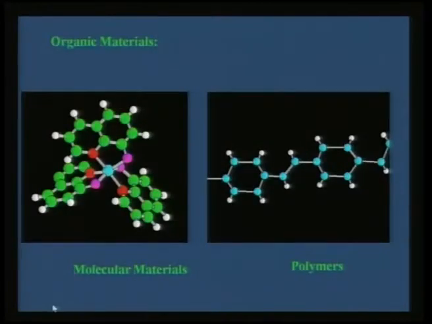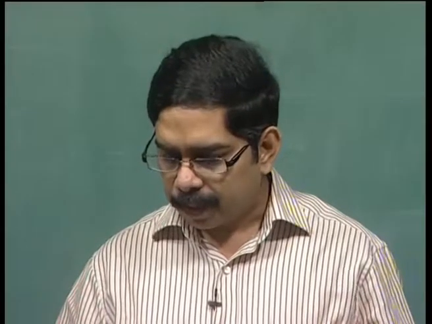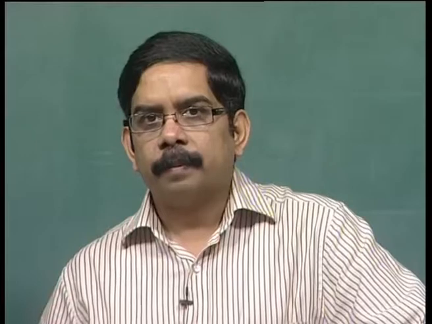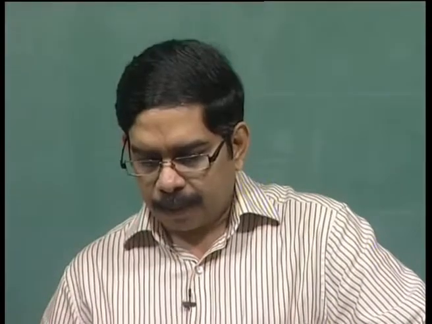And also I told you in the last class there are two basic organic class of compounds, namely molecular materials which are based on ALQ3, or polymers which hold this display technology. By and large it has been observed that these molecular materials are more rugged, and they can withstand the thermal issues.